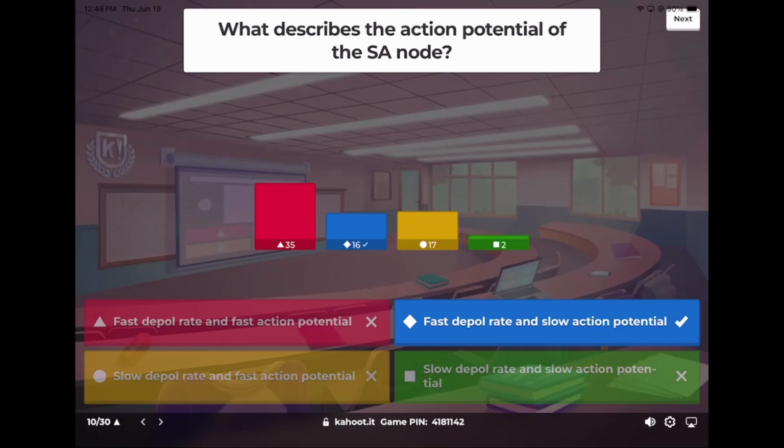So the autorhythmic cells, the SA node and AV node, have fast rates of depolarization but a slow action potential. Why is it important that the autorhythmic cells have a slower action potential? Well, what are the top parts of the heart supposed to be doing while the bottom part is doing its own thing? Filling. So we need the slower action potential so that we don't have filling problems.